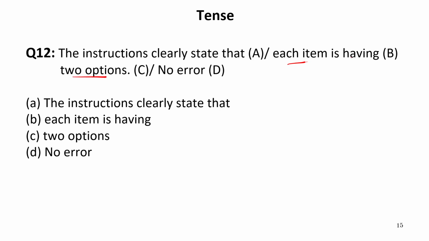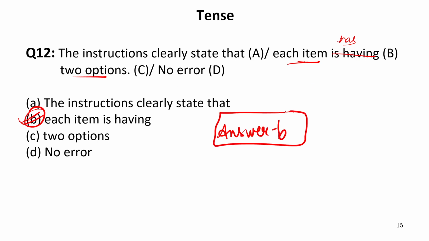It is not having. That is not temporary. Therefore, this is having should be replaced with has, because each item is singular. We need the singular form of the verb after it. So the correct sentence will be, the instructions clearly state that each item has two options. Therefore, the error is in part B. So our answer is B. This is a very, very simple and important sentence.